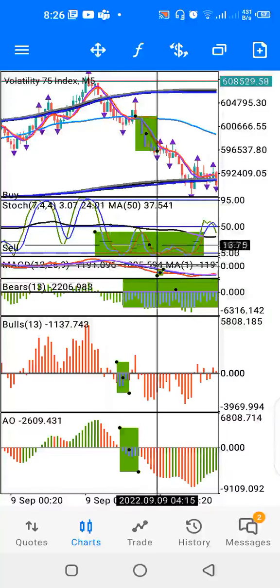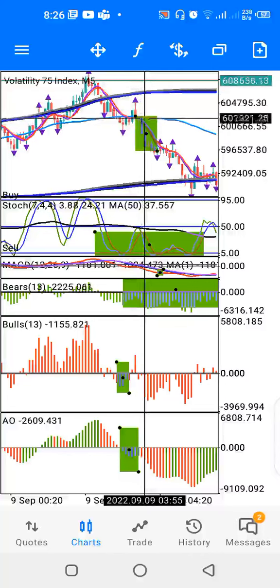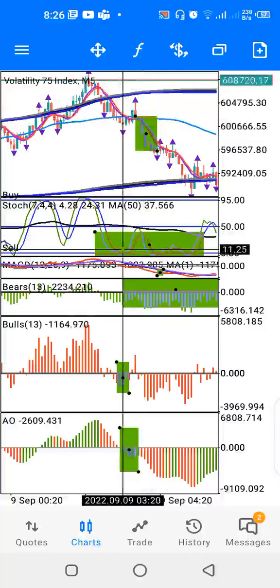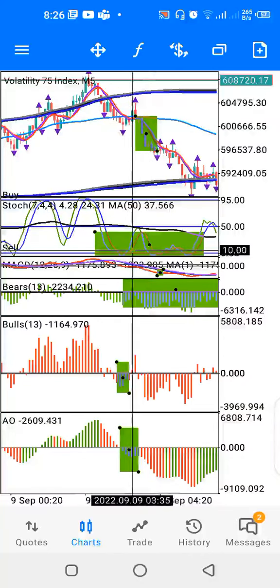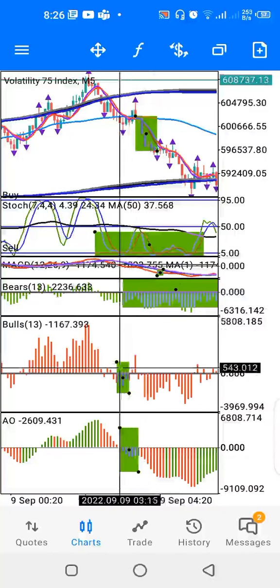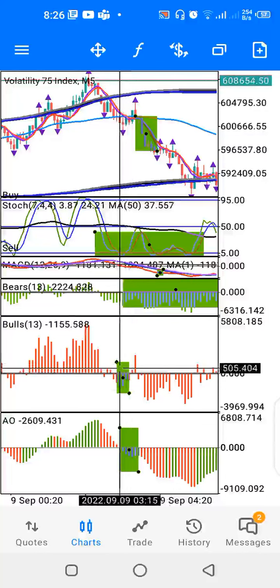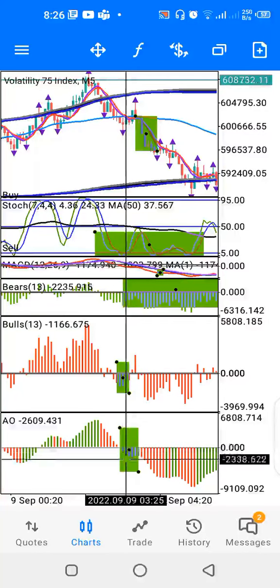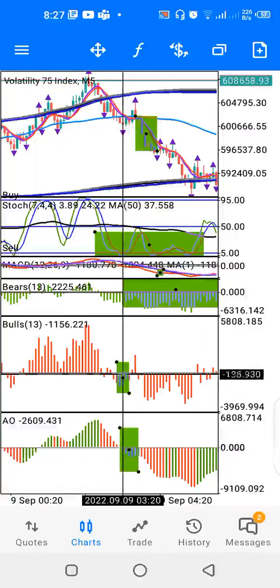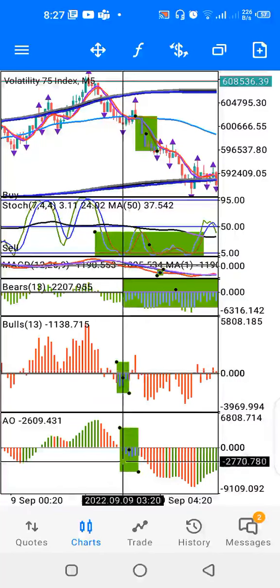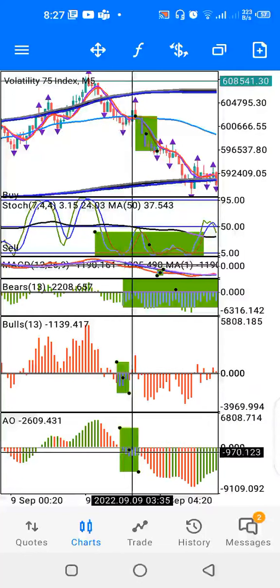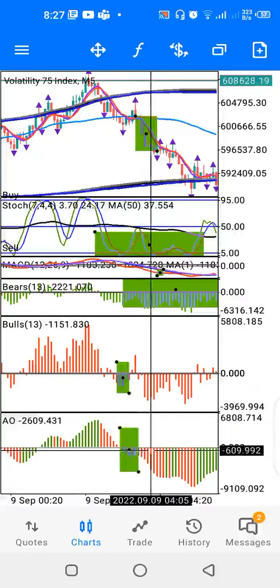So the alignment of confirmation on the main chart, the third bar on Bulls Power, and the crossover on the Awesome Oscillator, then you can confidently take your sell trade. All right.